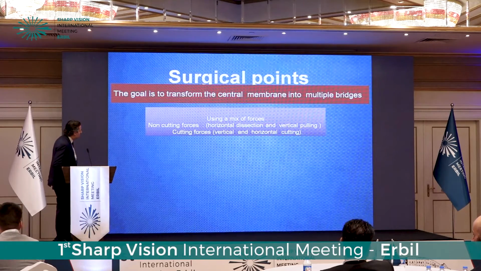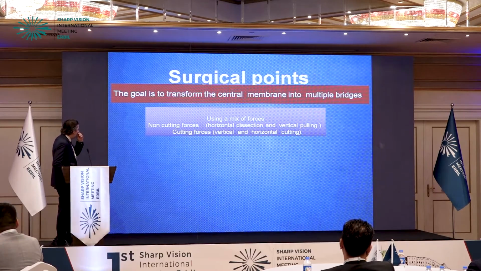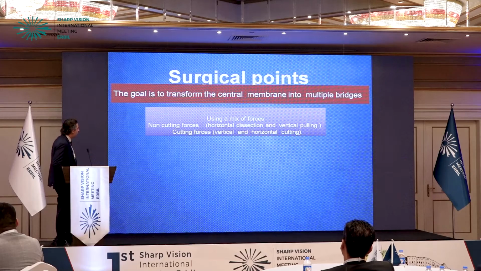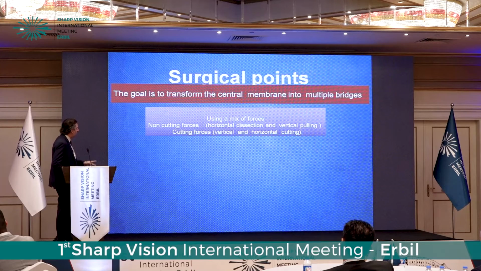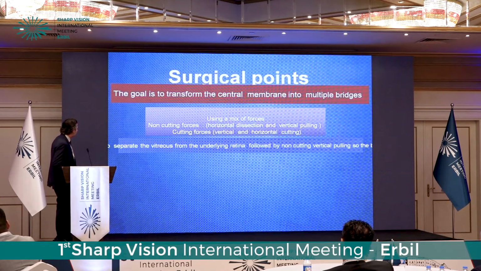My analysis of the surgical forces is that we are using a mix of forces actually. Some of these forces are non-cutting forces, and some are cutting forces. We have non-cutting forces, which are the horizontal dissection and the vertical pulling, and we have cutting forces which may be vertical or horizontal. In horizontal dissection, you are separating the vitreous from the retina, so you are creating the bridge.